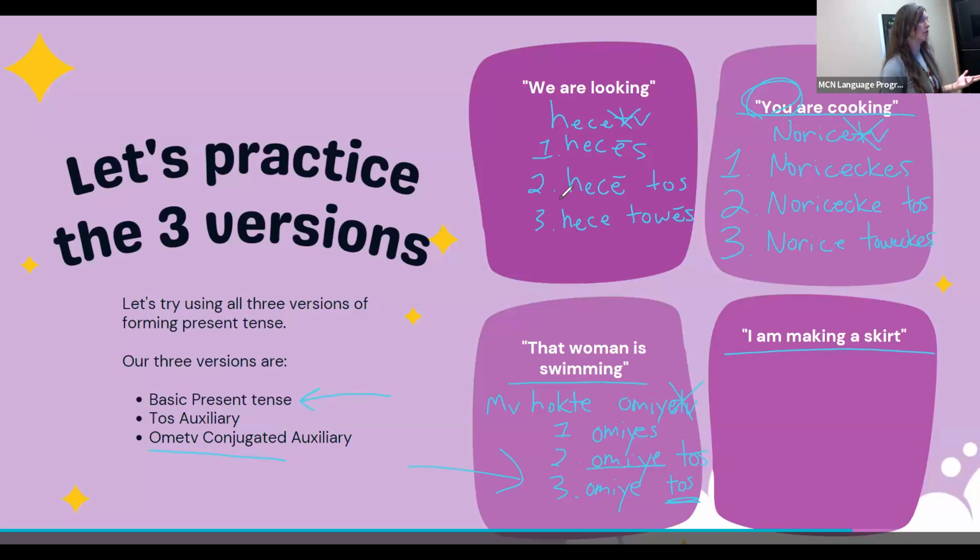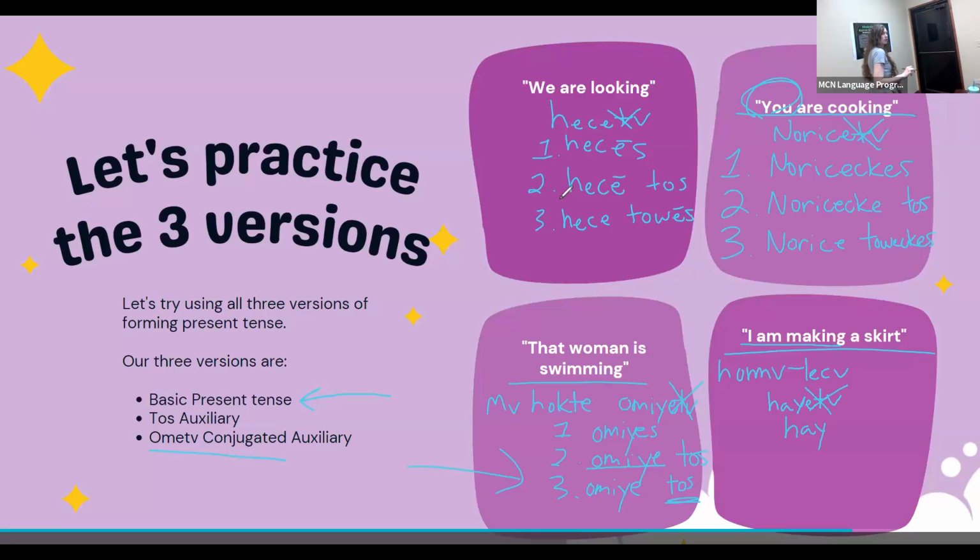I'm making a skirt. Our first word, onnalija. Those are two ends, they're just connected. That might look a little funky. Onnalija. And then I am making, so to make is hayida. Drop our ida. What would be I am making?